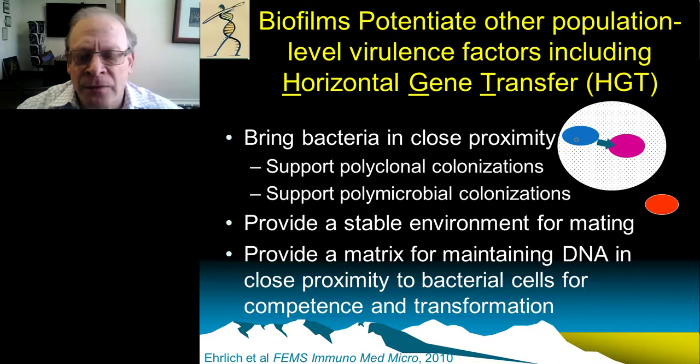Here we have two different bacteria, and the biofilm then provides a stable environment for mating, which allows the passing of a genetic trait from one bacteria to another, forming essentially a third bacteria now. It also provides a matrix for maintaining DNA in close proximity to bacterial cells for competence and transformation, which is a second type of horizontal gene transfer that bacteria undergo.